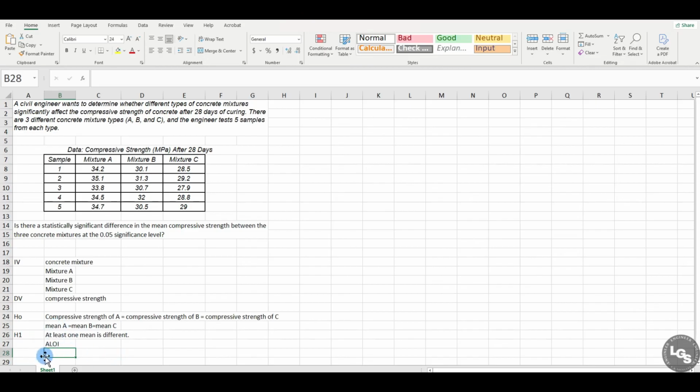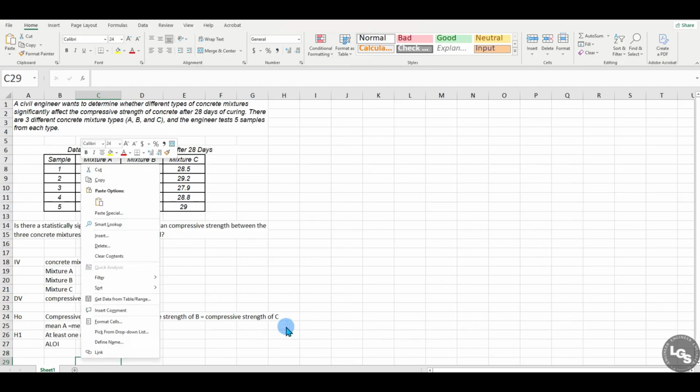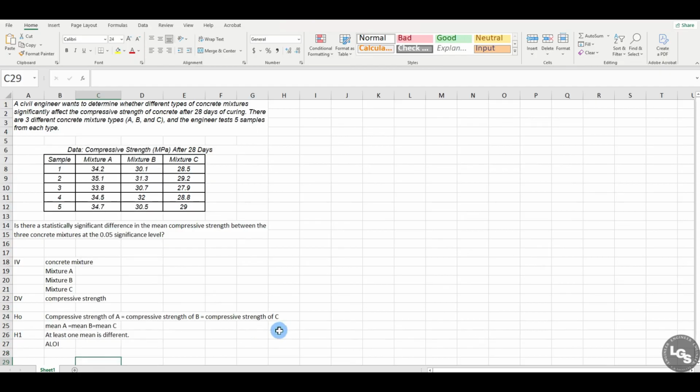So basing from the alternative, the test for the ANOVA depends only on one tail. So we use the F distribution for ANOVA test, and that is a one-tailed test.